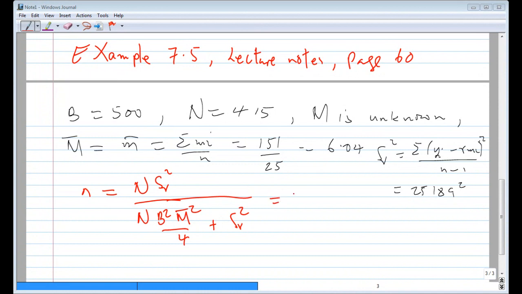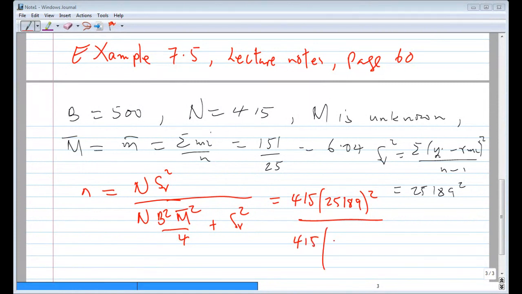Then capital letter N is 415. And then the sample variance is 25189, sorry, 25189 squared. Okay. Then you divide everything by 415.